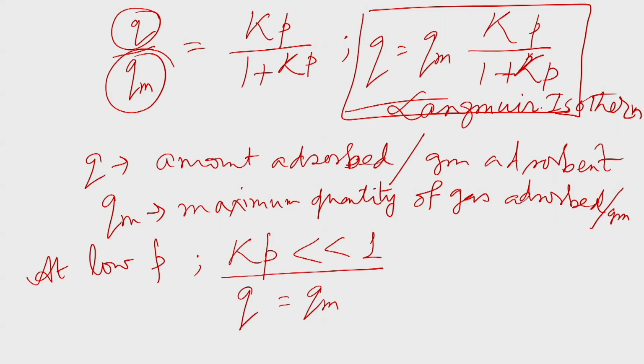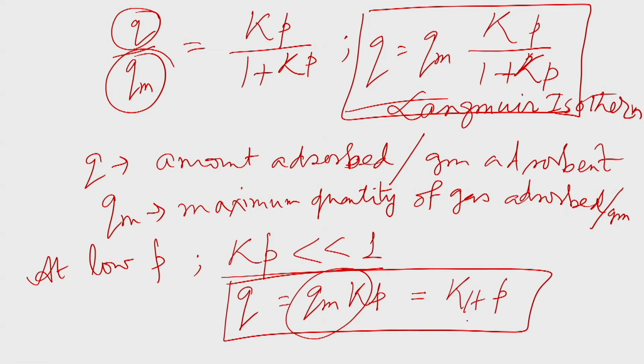Whenever P is very small, Q will be approximately Q m into K into P. We can convert this Q m K into K H into P, where K H is the Henry's law constant.